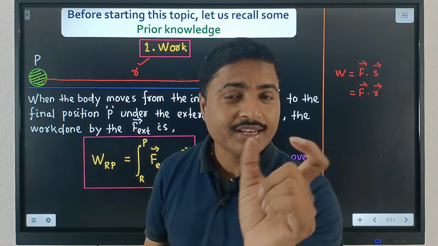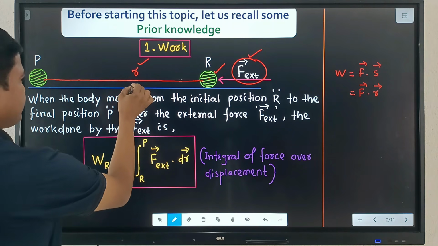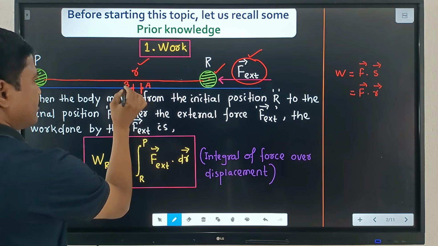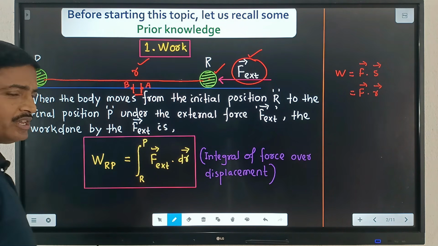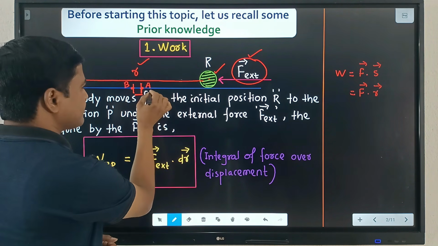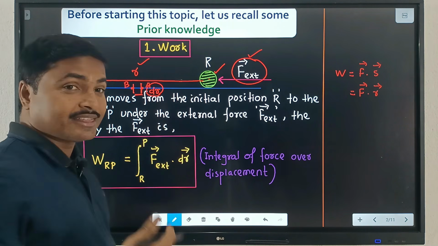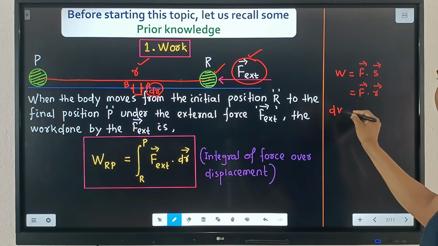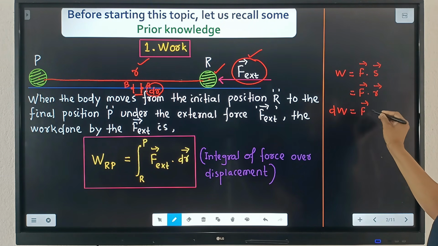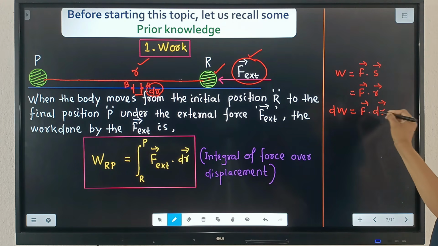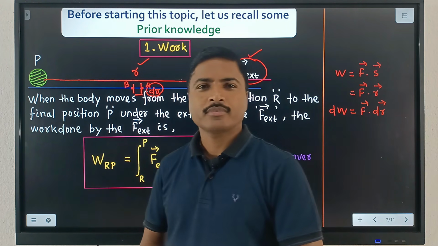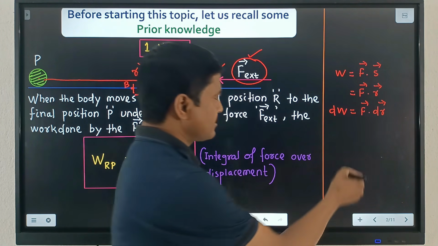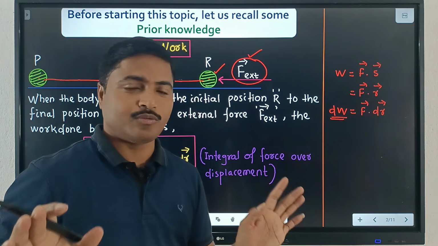If we take a very small displacement, suppose this point is A and this point is B, and the distance from A to B is very small, that is dr, then the work done is also small, and for small work done we write dW. dW is equal to F vector dot dr vector. This is the dot product between two vectors. Dot product is also known as the scalar product, so work is a scalar quantity. You know that work is a scalar quantity.